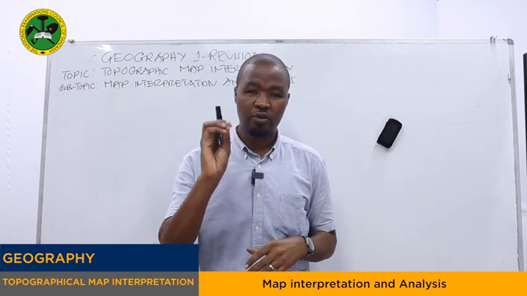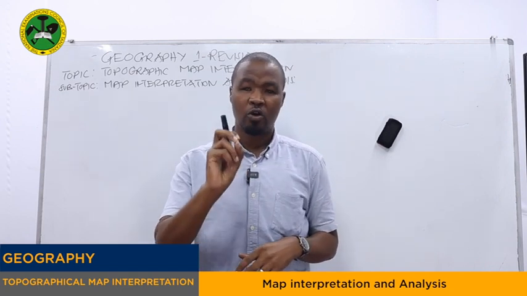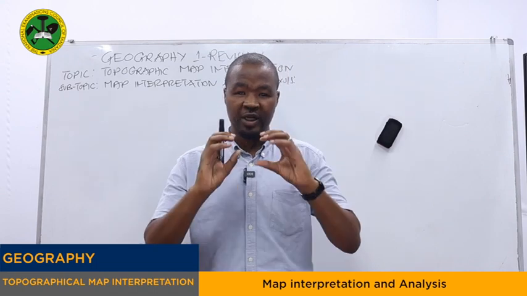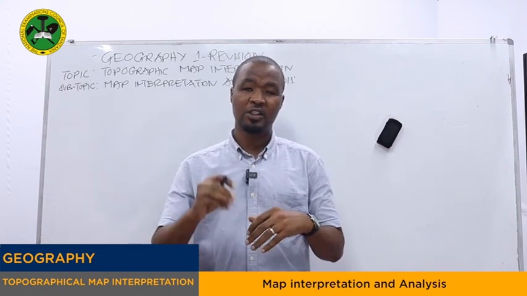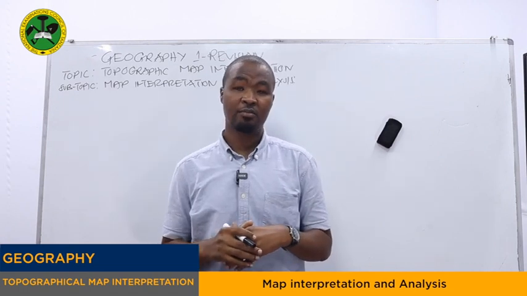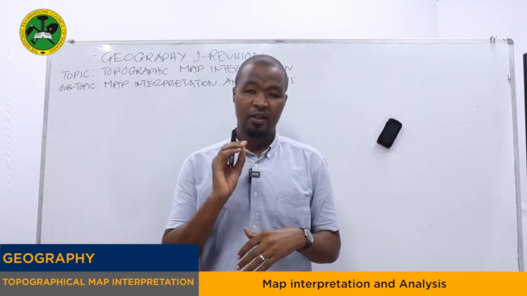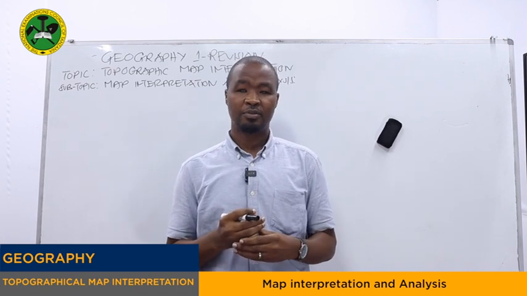It means you do not do what we call map interpretation or analysis. You just identify the features found on a mapped area by using the conventional signs and symbols found in your key. Thereafter, what is map interpretation?